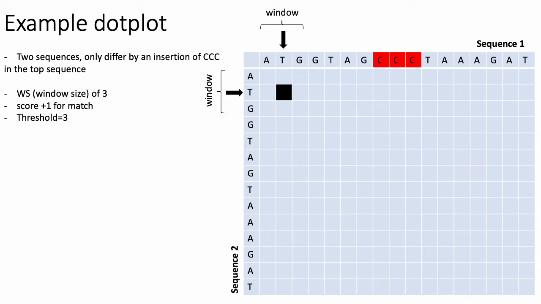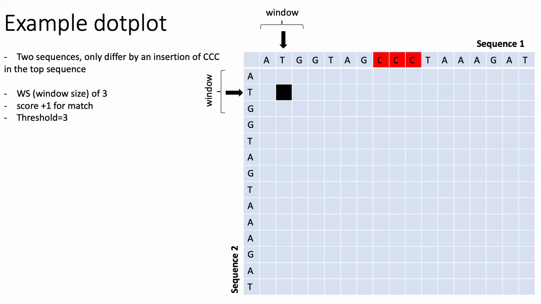Here in this example, we'll select a window size of 3, which means that when I'm looking at the column being pointed to by the arrow, my local sequence is that column, that T, as well as the one base to the left and to the right of that. So really I'm considering the short sequence ATG represented by the first 3 columns.